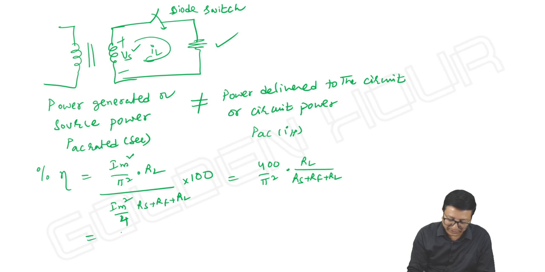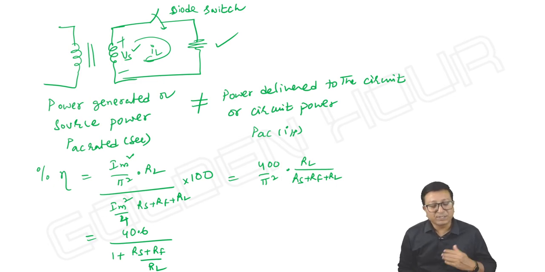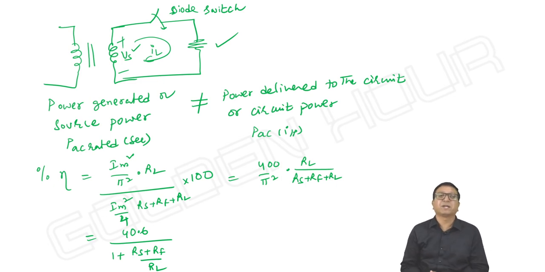I can even further write it like 40.6 divided by 1 plus Rs plus Rf by RL. The conversion efficiency with respect to the power the circuit has taken comes around 40.6%. And there is another parameter known as transformer utilization factor. With respect to the original source, what is the conversion efficiency?